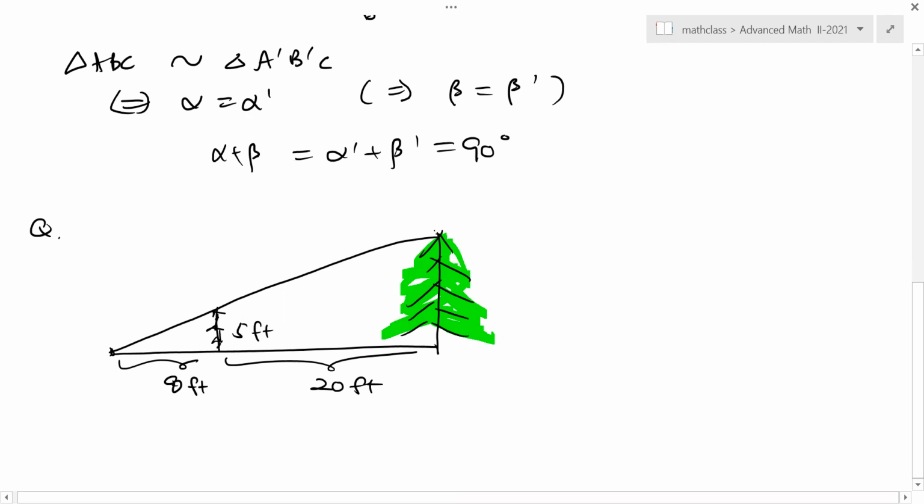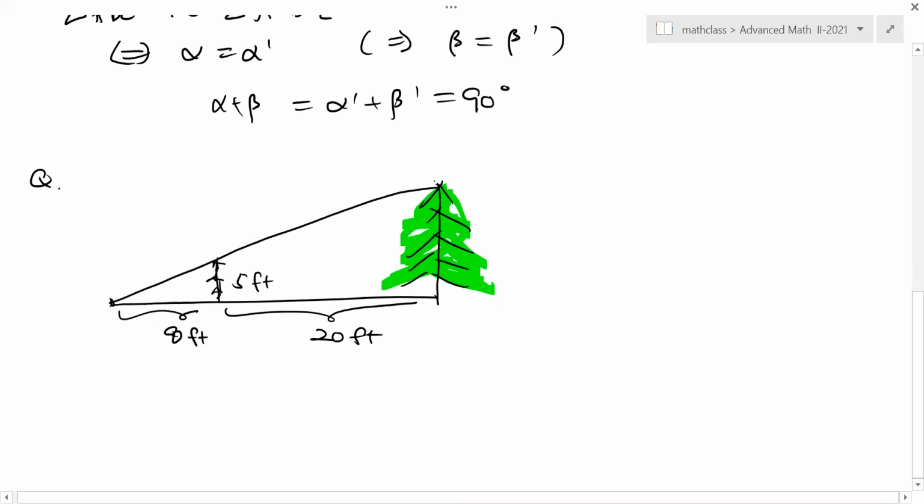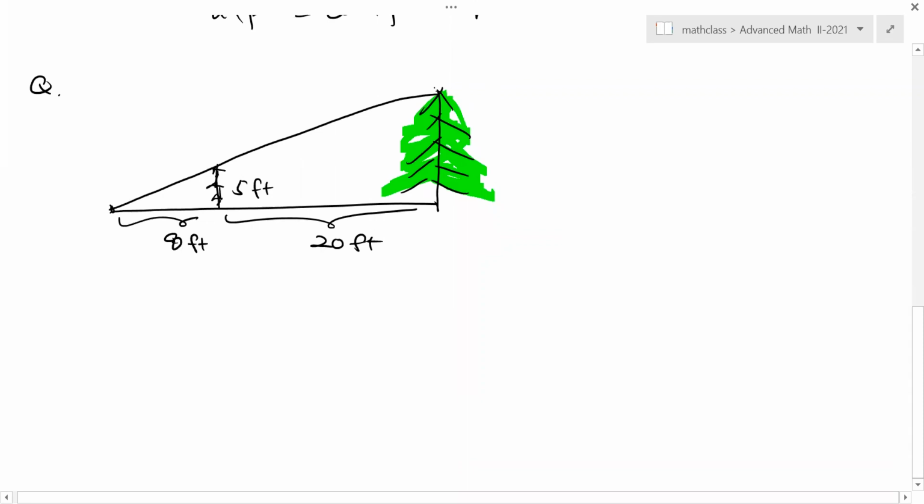So based on this information, can we tell how high the tree is? This is a very important application. You can do that when maybe in your backyard there is a tree. You can use this idea to measure the tree. So this is a shadow. Here's the sun. So you get a shadow.